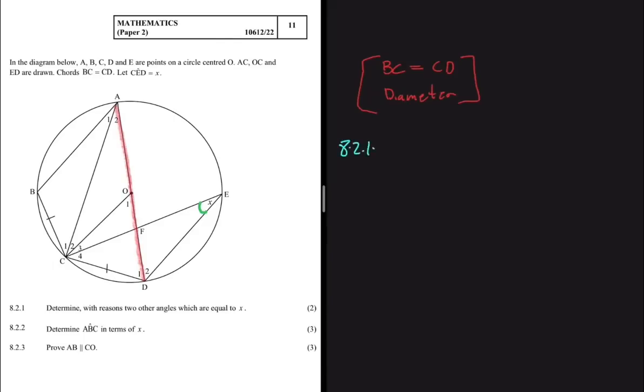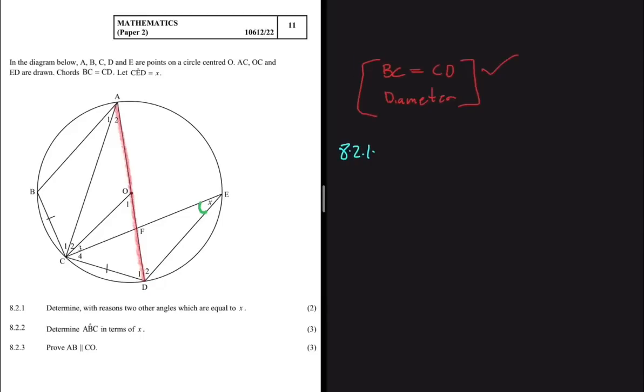8.2.1 says to determine, with reasons, 2 other angles which are equal to X. We are told by the first keyword that chord BC is equal to chord CD, and we know full well that equal chords subtend equal angles.